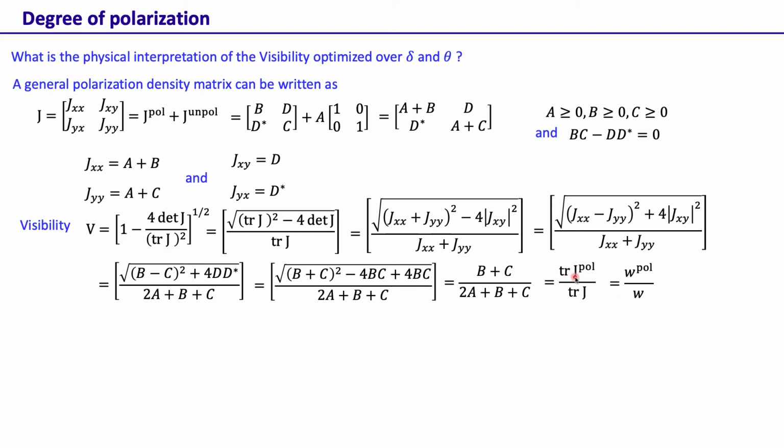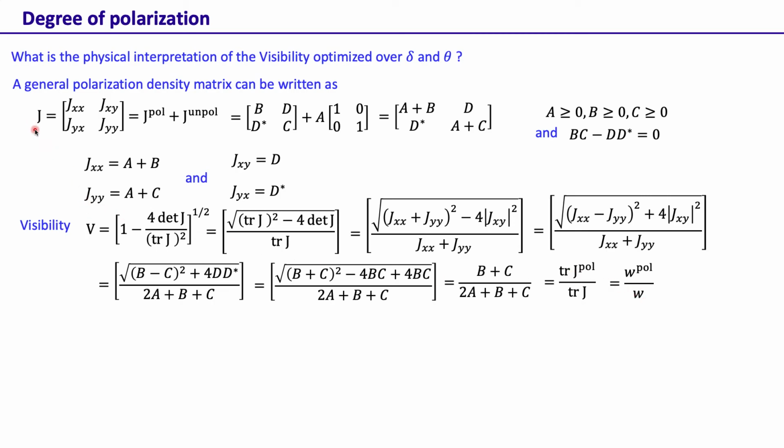Now what is the trace of this density matrix? This trace basically represents how much intensity it represents. So this is the intensity of the polarized part of this field divided by the total intensity.